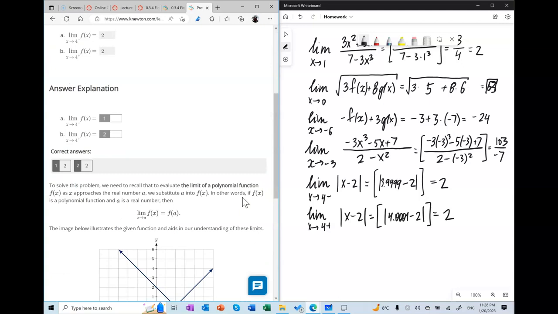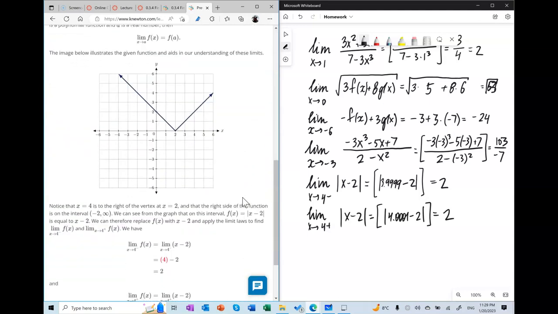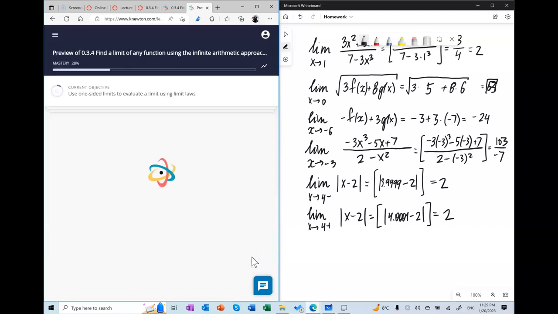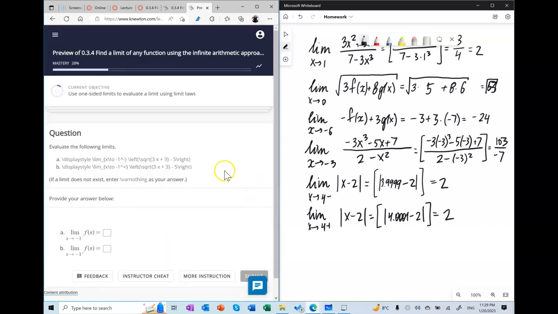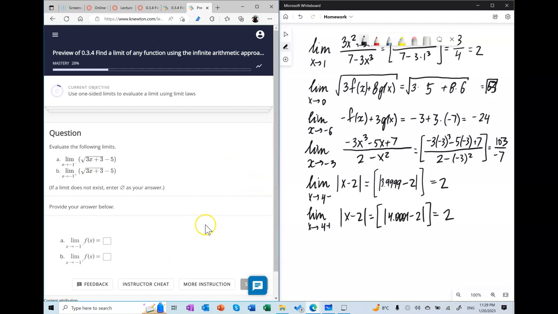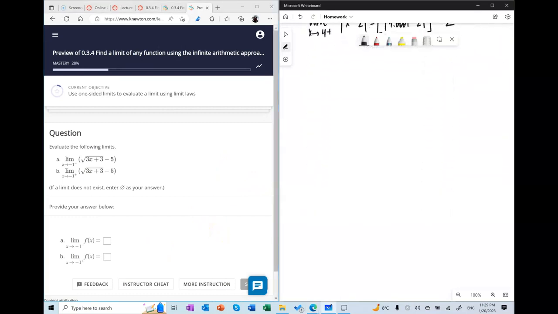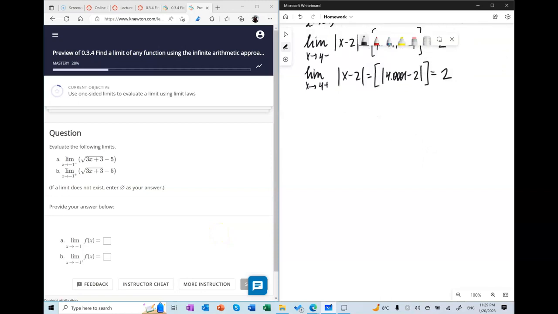But most importantly, it's because this function is continuous, so when the two-sided limit exists, both one-sided limits exist as well. I think this problem may be slightly different, but let's practice this reflex.